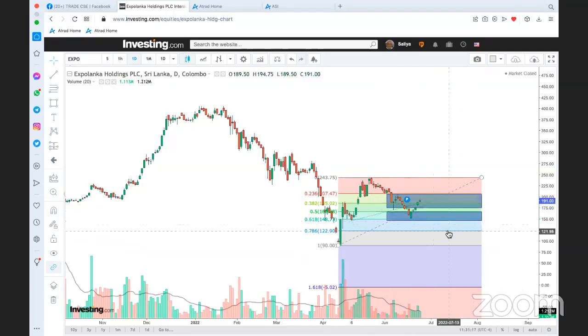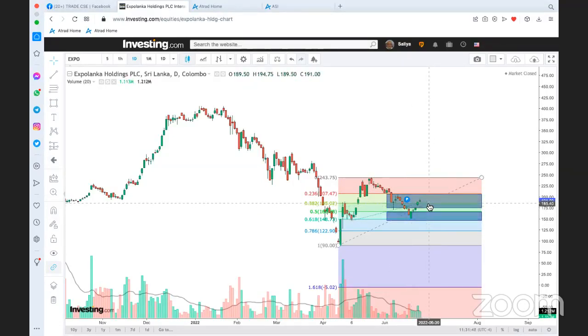Okay. And immediately this could be termed as the resistance level, right? Because here you have a resistance, and at the same time you have this as a resistance which is broken, right? And now we are moving up above the 50% mark. Now this area, it is up to us.